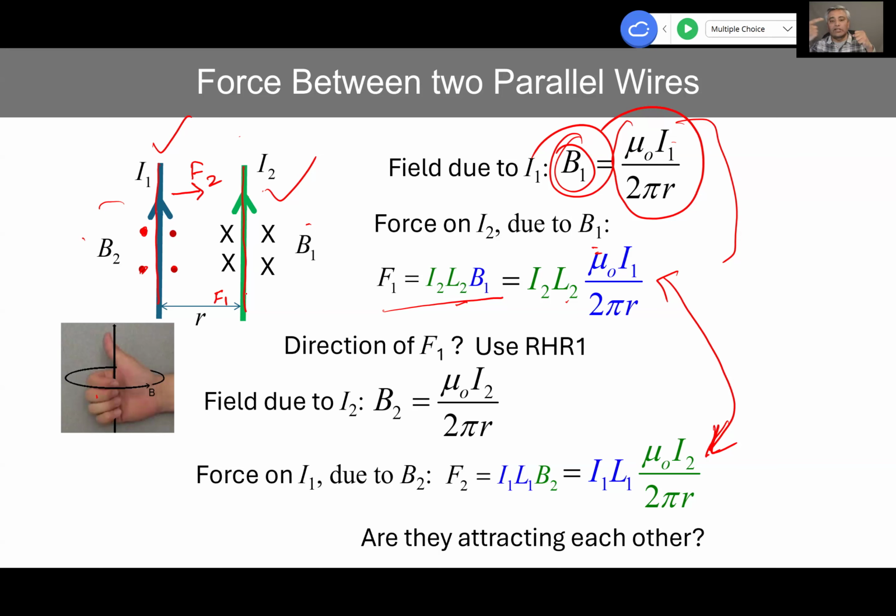One wire is pulling the other wire, and the other wire is pulling the first wire, like an action and reaction pair. That is the case when these currents are flowing in the same direction. But if we reverse the direction of one of the currents, then rather than attraction, there is going to be repulsion.